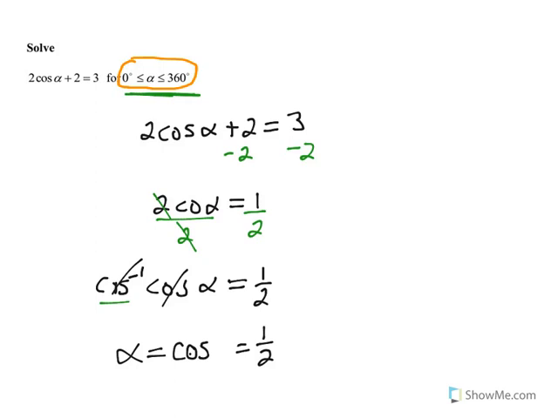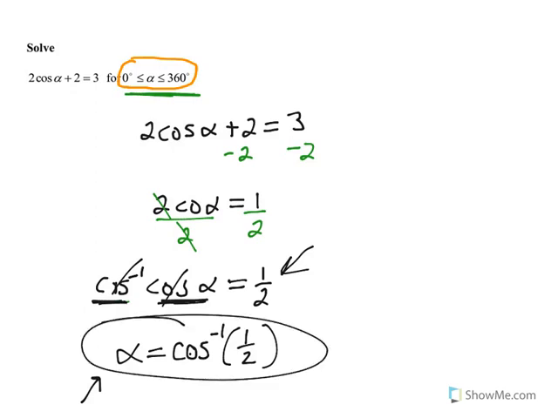So we were doing inverse cosine of a half. So let's clean up that typo. So we had cosine of an angle equals a ratio of a half. Take the inverse cosine of both sides, you get alpha by itself, and then do the inverse cosine of a half.